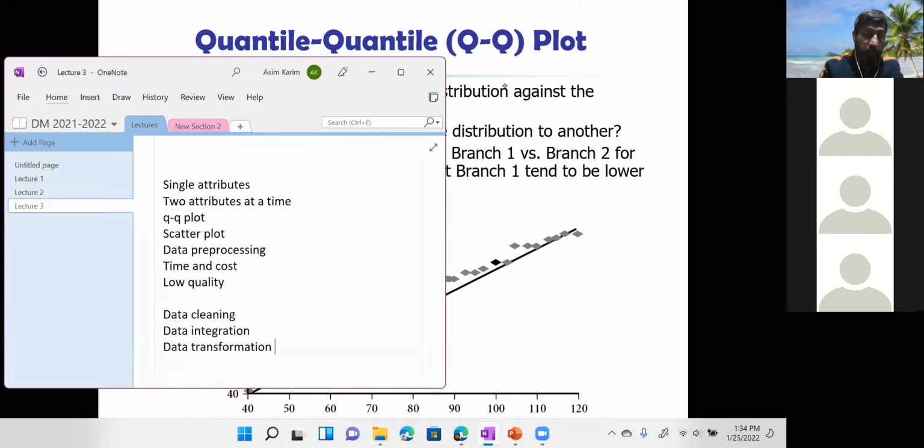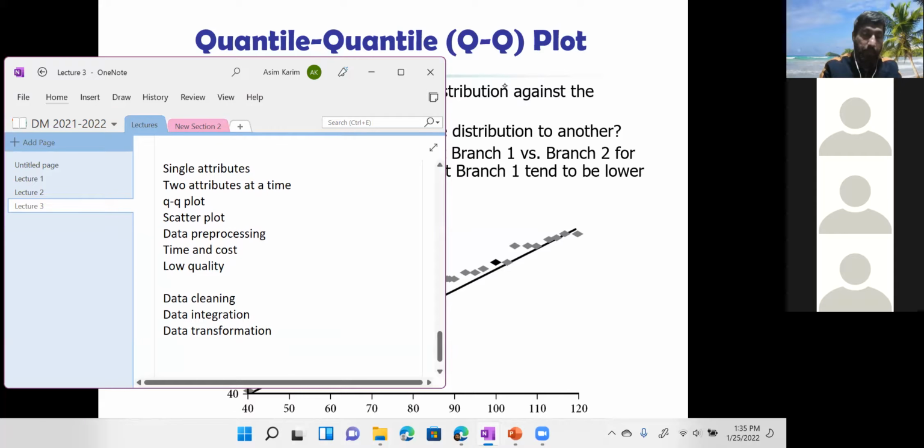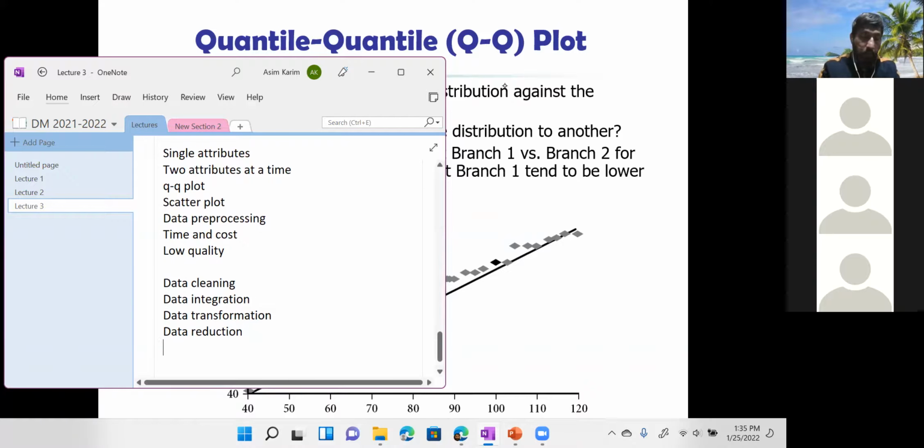But there are some specific techniques in transformation that we would like to do to shape our data according to our particular application. So this would fall under data transformation. And then we have what is known as data reduction. Whenever you're trying to reduce your data size, either in the number of values or in the number of attributes, for example, or in some other way, this would fall under data reduction.